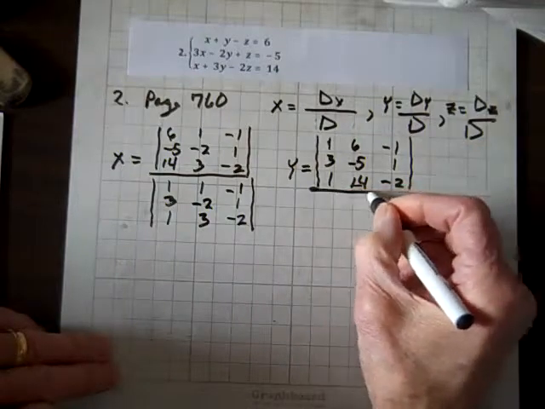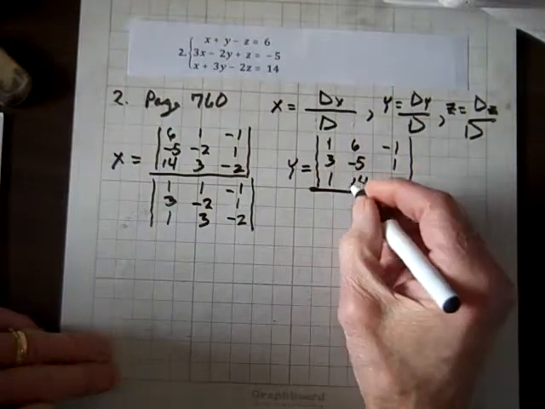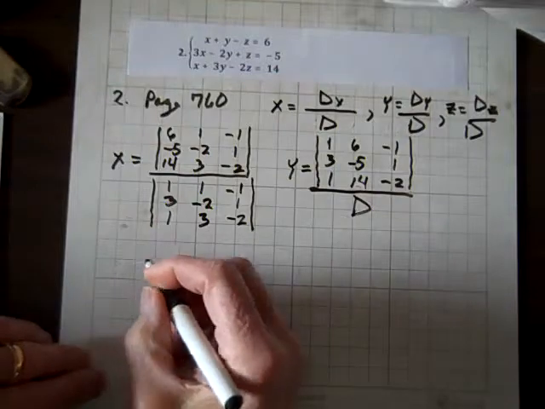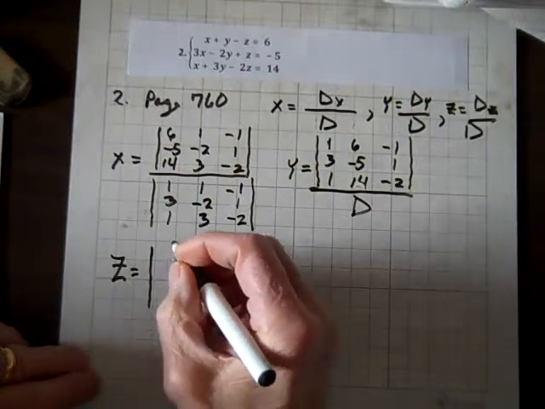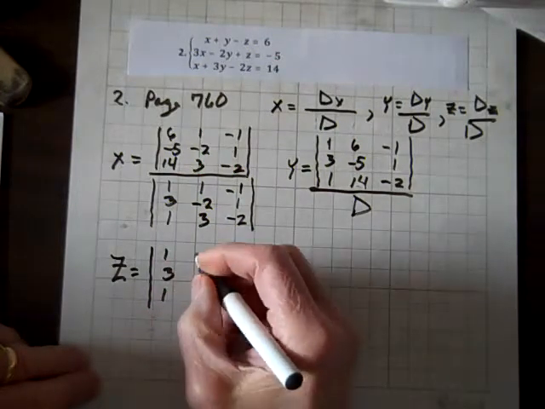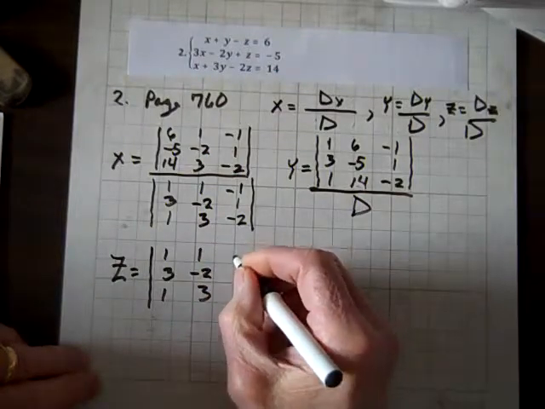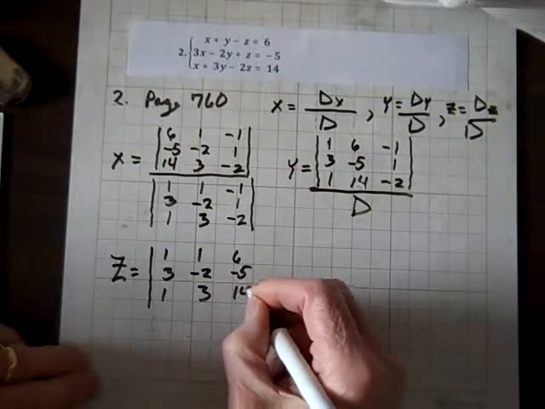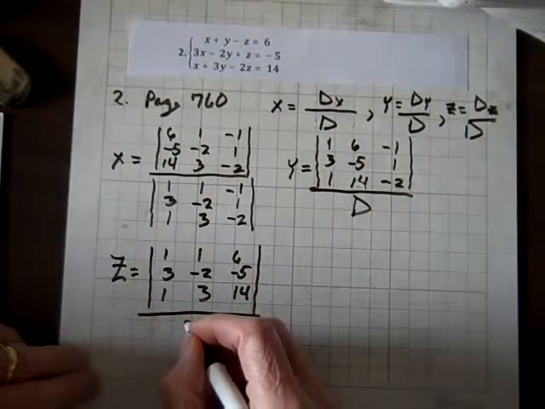And rather than write this down again, I'll just put d. And so z equals, and now we've got the coefficients on x, the coefficients on y, and the results in the z column, 6, negative 5, and 14, and we're dividing by d.